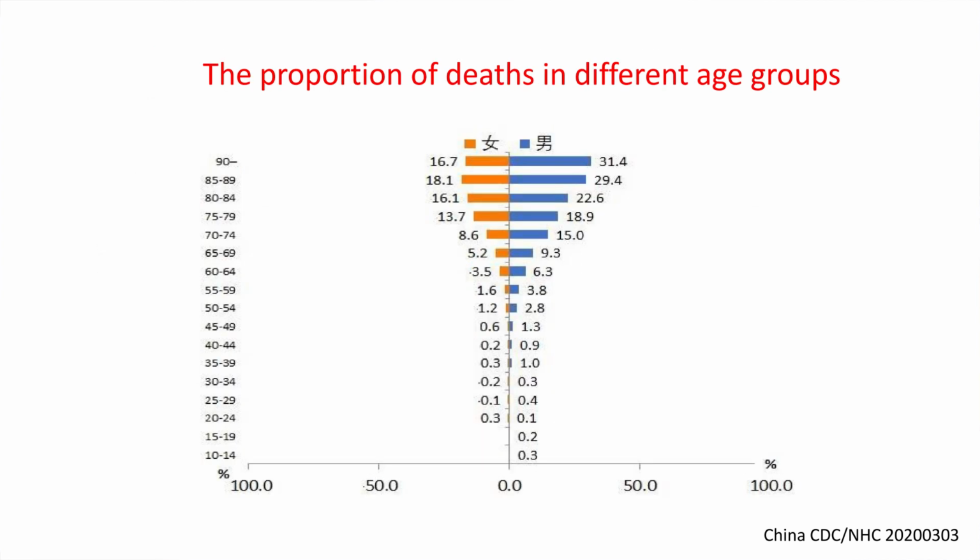This is the death proportion of different ages. You can see similar things as with the severe and critical cases: the higher the age, the higher the mortality. Under 35 years old, very few patients died.